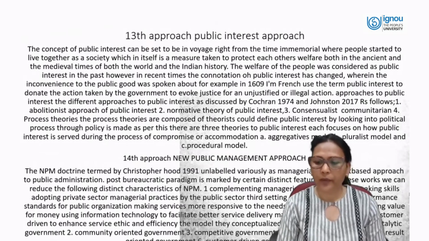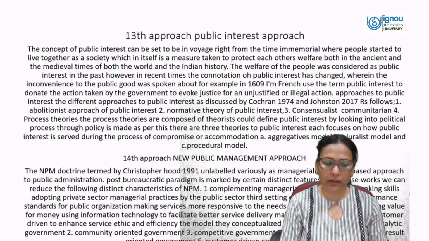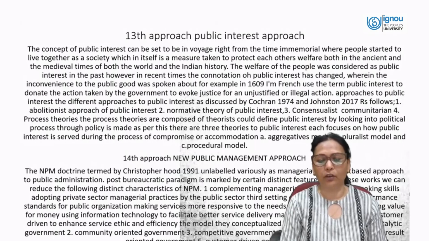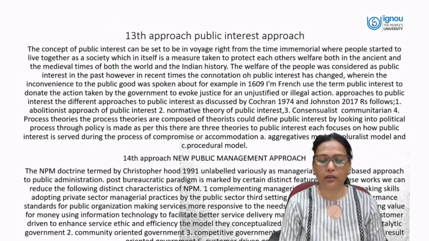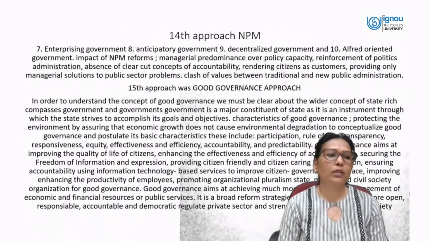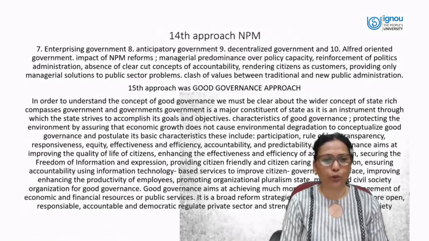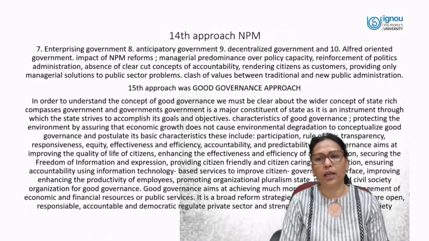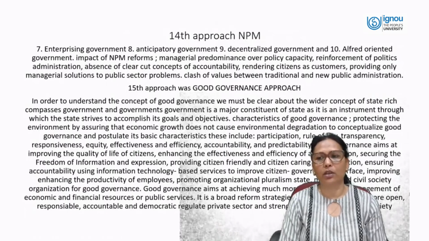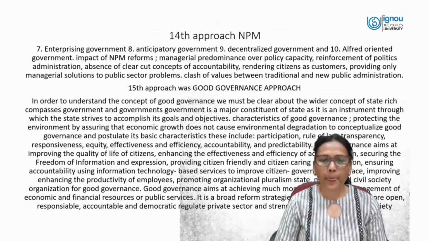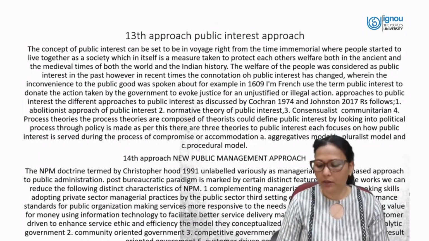First was the catalytic government, second the community-oriented government, third the competitive government, fourth the mission-driven government, fifth the result-oriented government, sixth the customer-driven government, seventh the enterprising government, eighth the anticipatory government, ninth decentralized government, and the last one, the 10th, the effort-oriented government. That was the new public management approach.